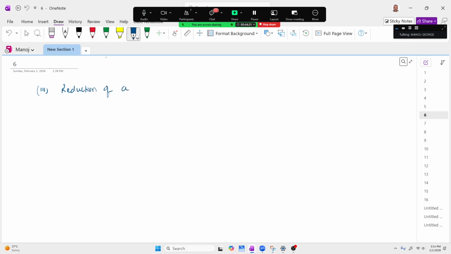Reduction of alkane nitrile. Notice carefully, when I say alkane nitrile, I actually don't remove the E. It's alkane nitriles. That's R, C, triple bond N. That's what they look like. Alkane nitrile. Okay? We just write them as RCN.